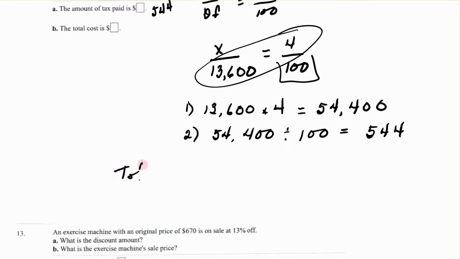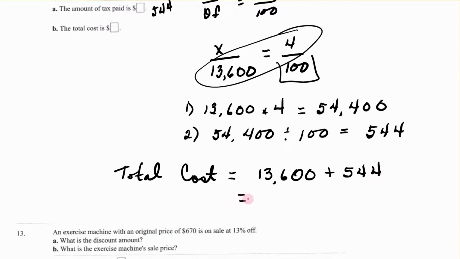So the total cost will be the $13,600 plus the tax, and I'll do that off screen, and I get $14,144. So that's my total cost.